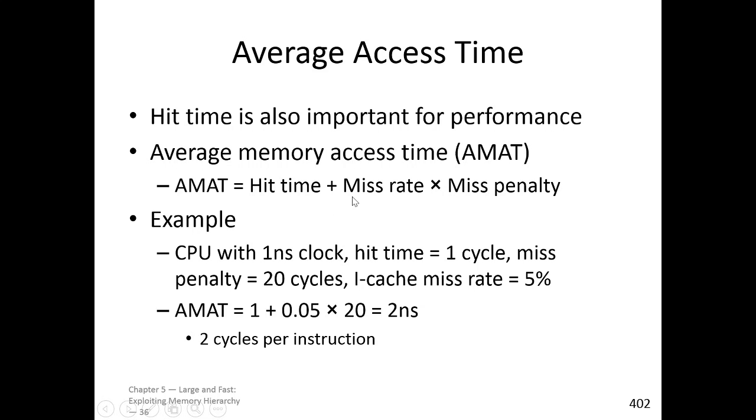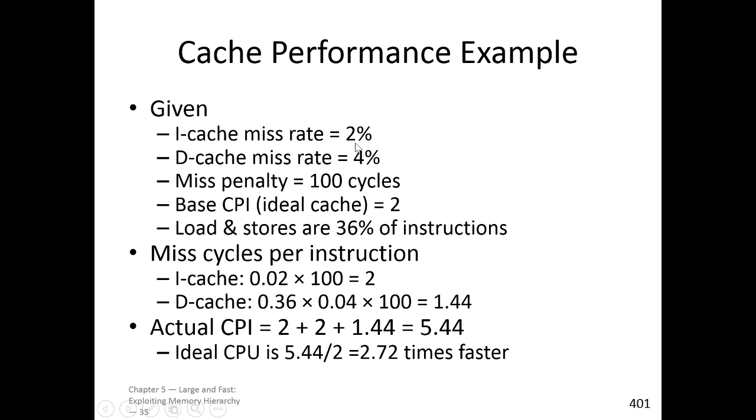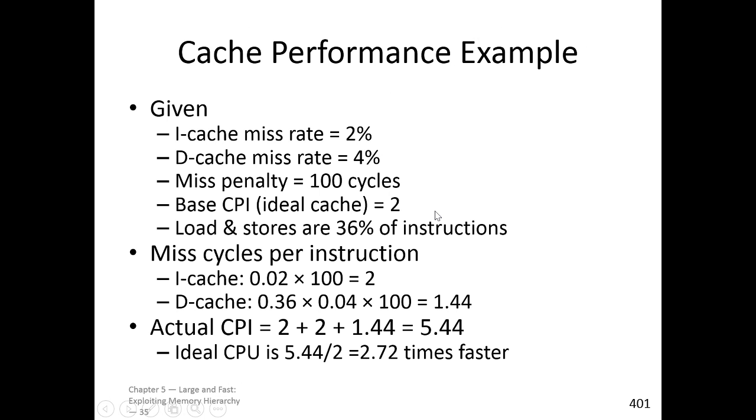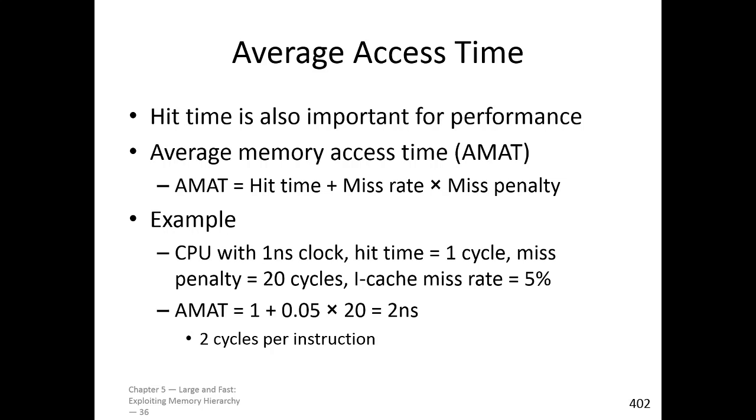And then how about average access time? Not just focusing on our worst case scenario of a miss, but focusing on the average, so both the misses and the hits. The average memory access time is the hit time plus the miss rate times the miss penalty. I think this is a pretty transparent formula. How much time does it take when we have a hit, plus how much time when we have a miss.